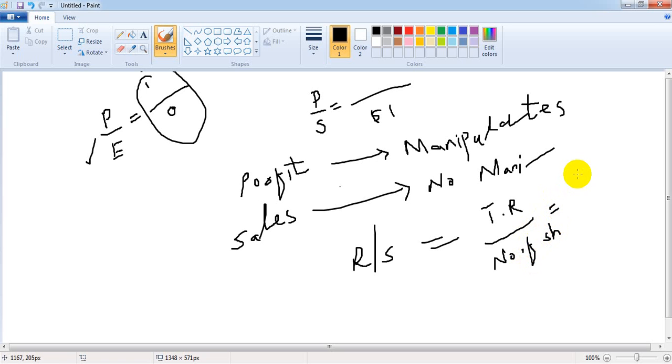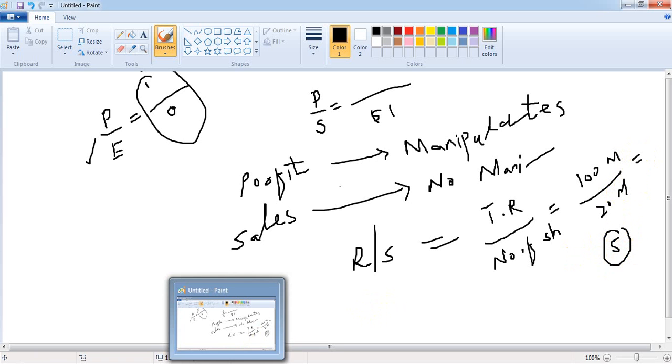Suppose total revenues are 100 million and number of shares are 20 million. So per share, we will get revenue per share equal to 5.